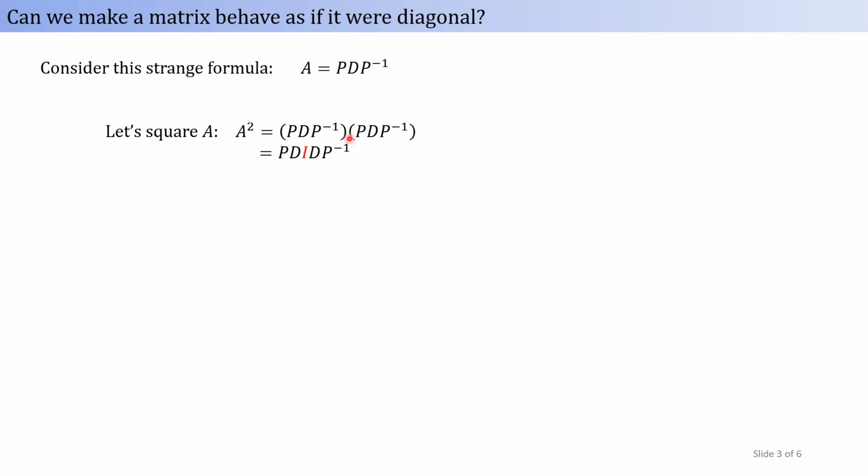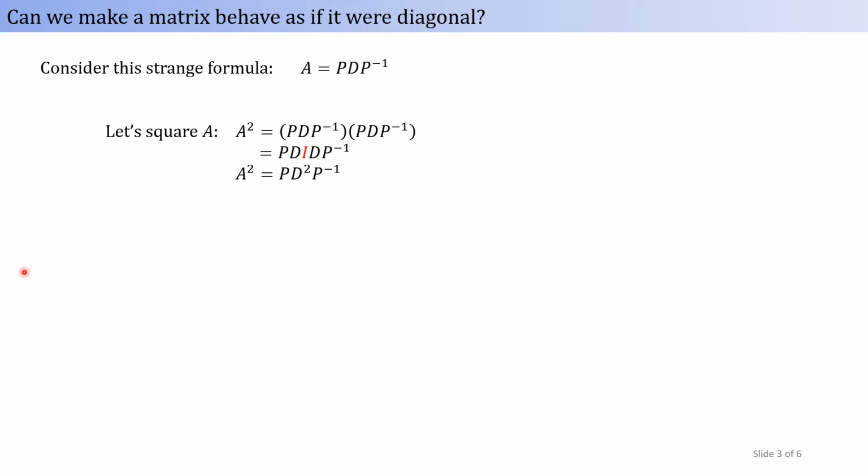Any matrix times the identity is just itself, so D times I is D, or likewise, I times D is just D. So those two give you D squared. And so you can see that A squared equals P D squared P inverse. That's interesting. Notice that the outer matrices were not affected at all.